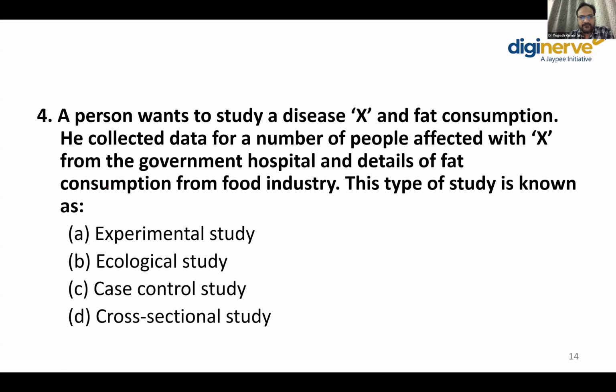And the next one: a person wants to study a disease X and fat consumption. He collected data for a number of people affected with X from the government hospital, and details of fat consumption of the food industry. This type of study is known as... A very good question. It is a very important question.